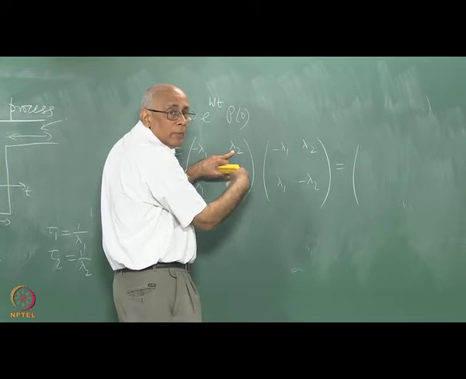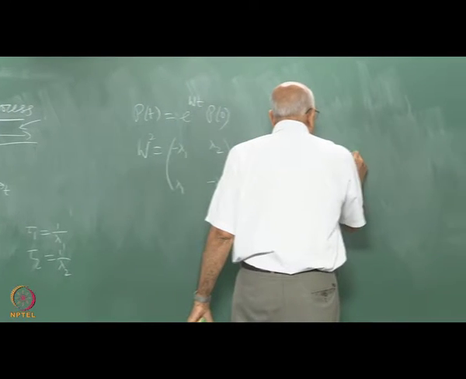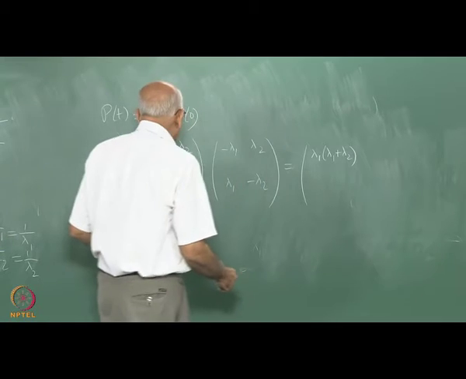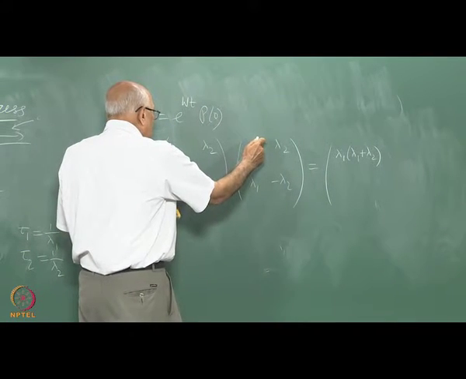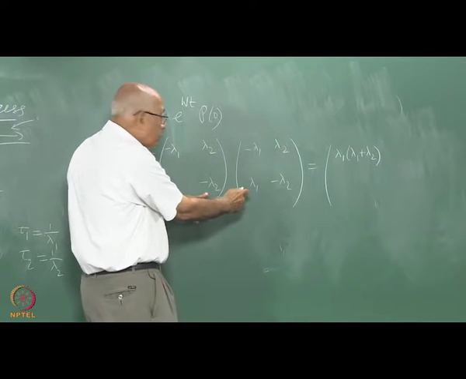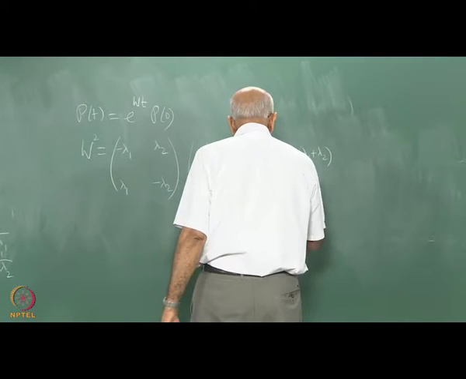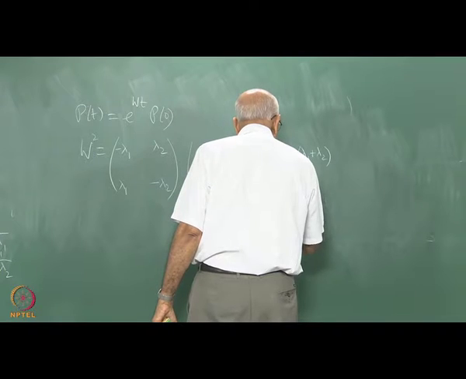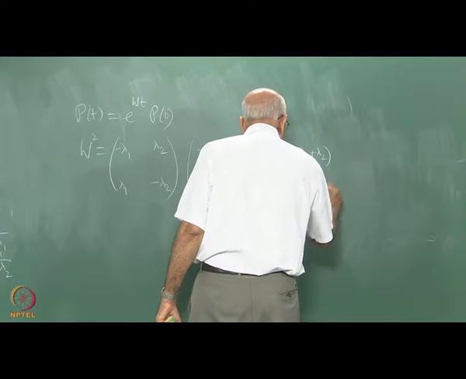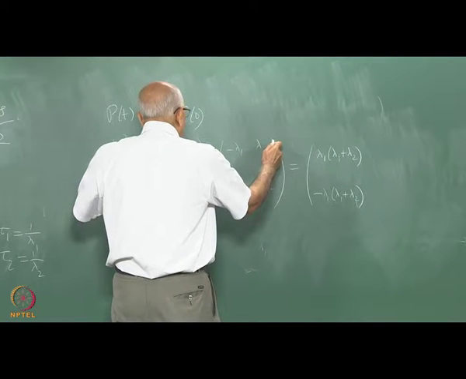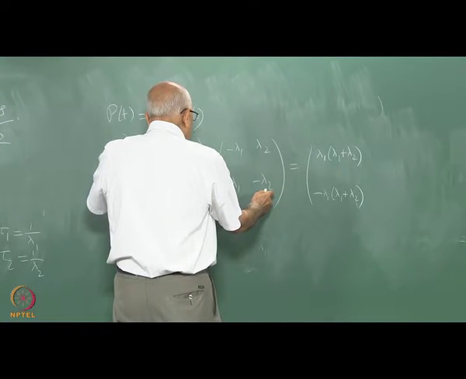So take out the lambda 1 and you get lambda 1 into lambda 1 plus lambda 2, and then minus lambda 1 squared minus lambda 1 lambda 2. So again we take out a lambda 1, and then on the other side you get minus lambda 1 lambda 2 minus lambda 2 squared.